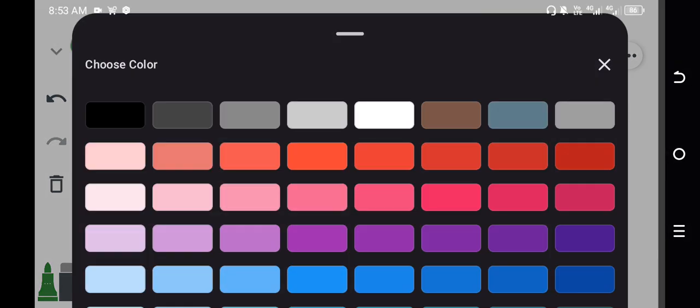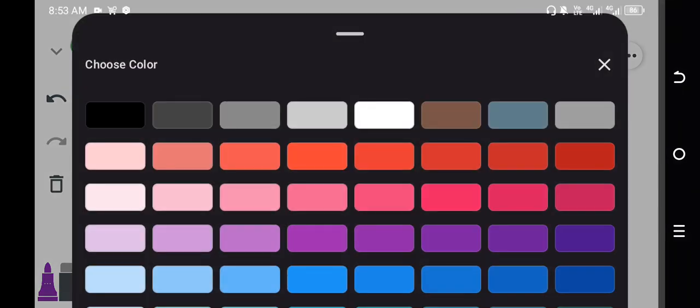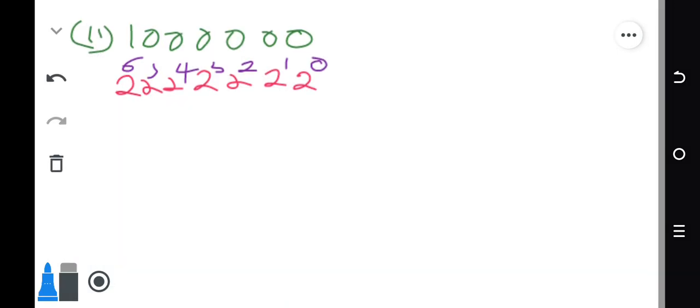All right, so this is our second question, and we're going to deal with it. The same way, we assign 2, 2, 2, 2, 2, 2, and then indicate the powers: 0, 1, 2, 3, 4, 5, and then 6. So let's find the values of each of the powers. 2 raised to the power, or 2 exponent 6, will give us 64.